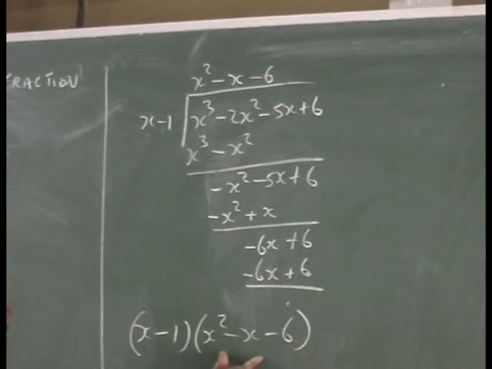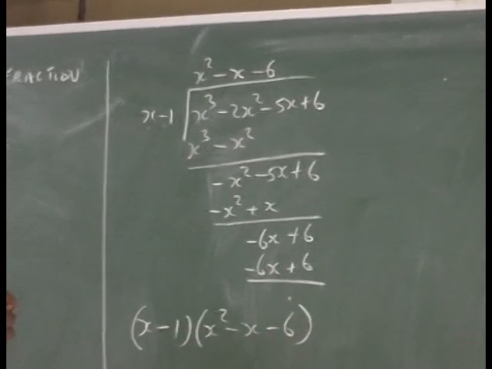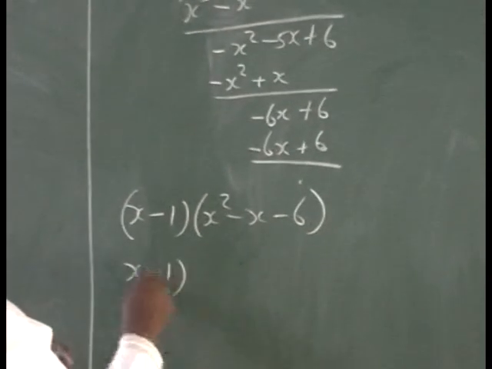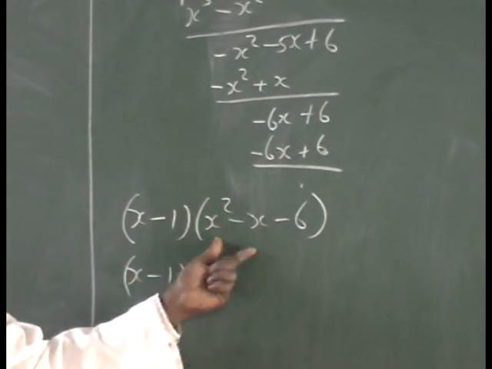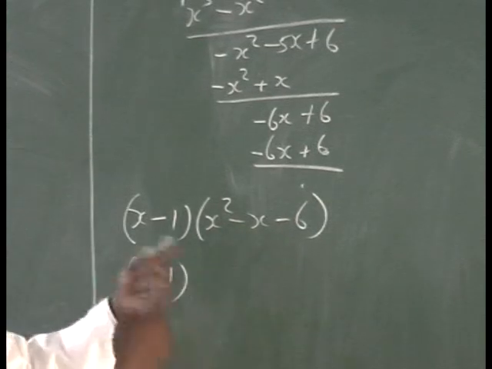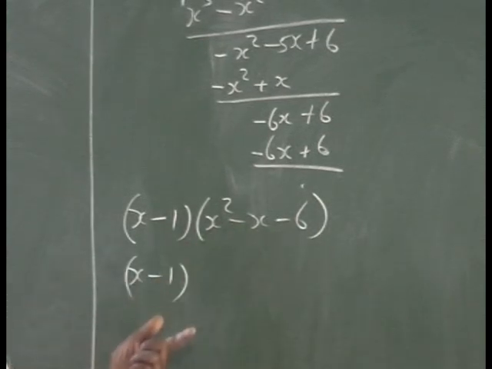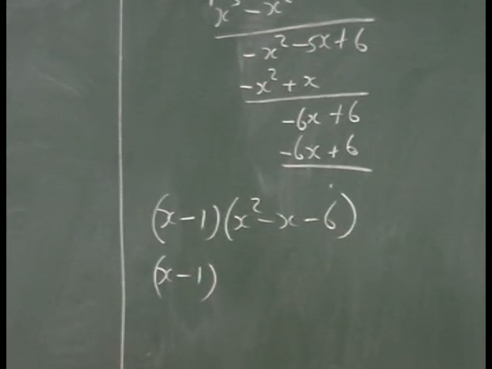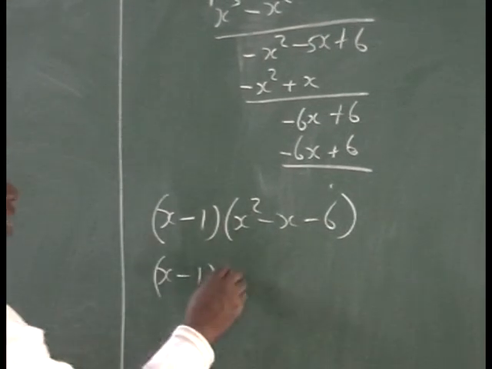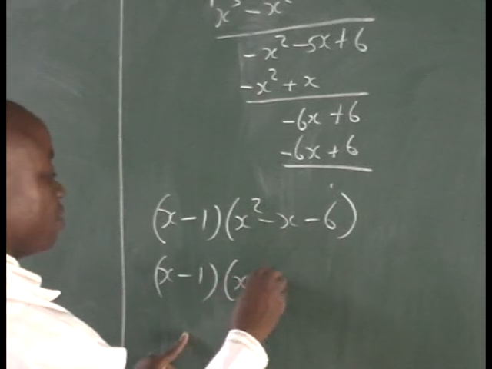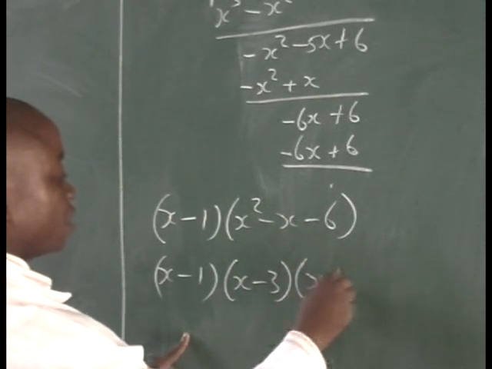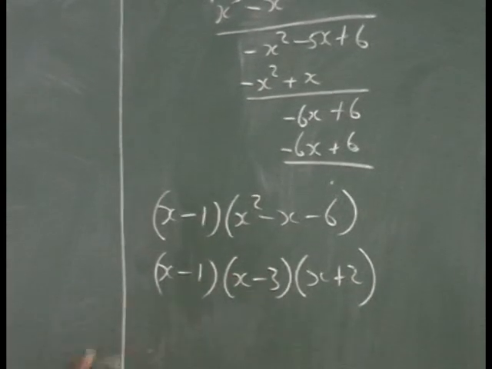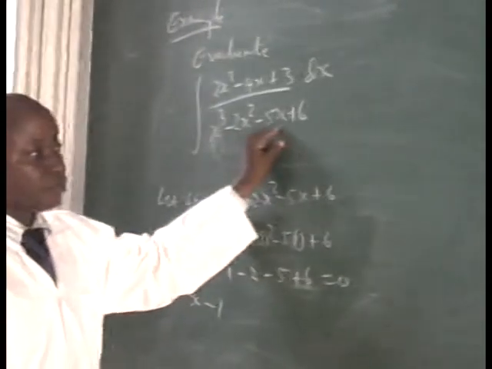This is a quadratic. Now, in this quadratic, two numbers that will give us minus 1 when added, and when we multiply, give us minus 6, are minus 3 and plus 2. So we now have x minus 3 and x plus 2. So these are the factors in the denominator.